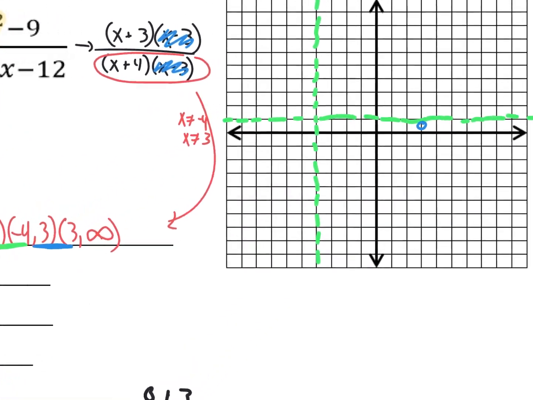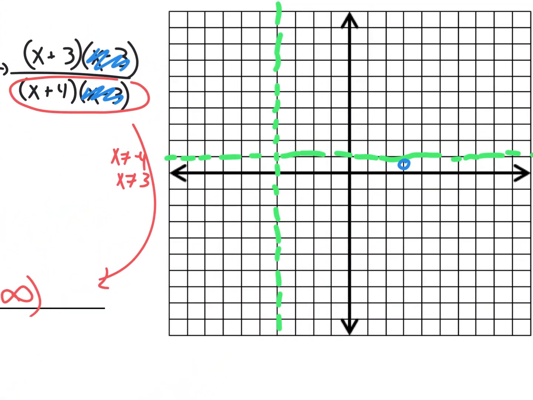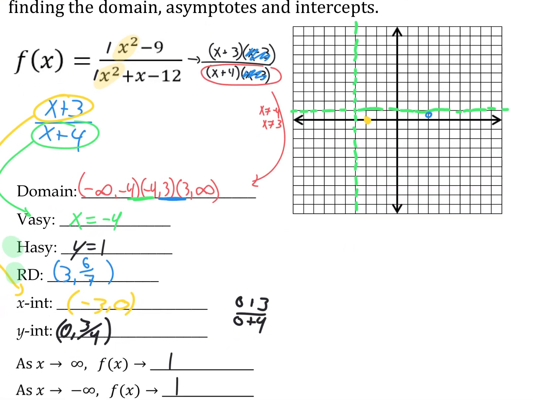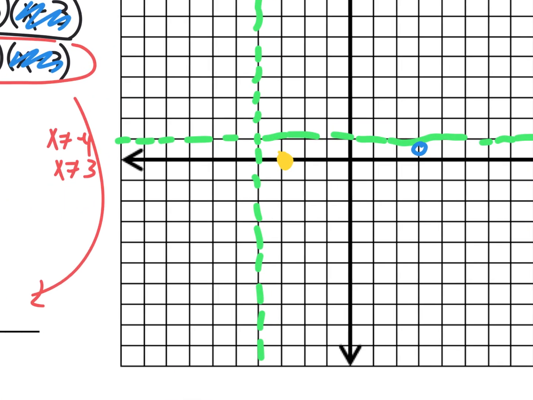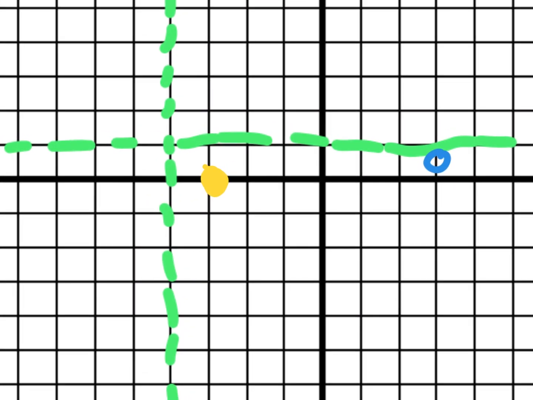X-intercept at -3. So we have an x-intercept at -3, which is right there. A y-intercept at 3/4. So 3/4, 0.75. That's going to be a little bit lower than that removable discontinuity value. Now let me use a different color here. Say right about there.